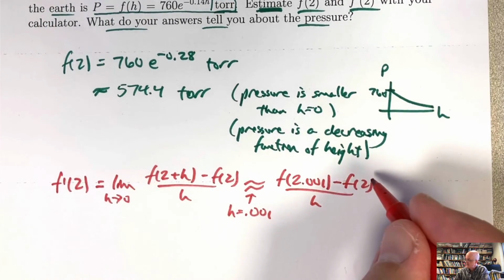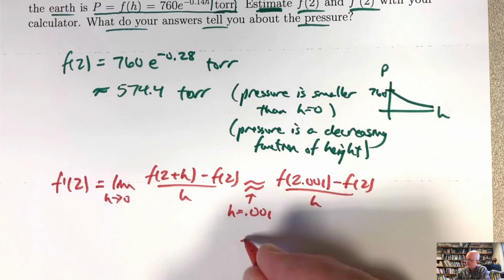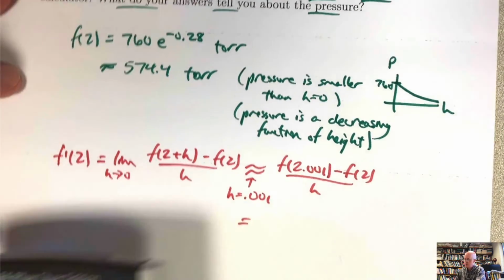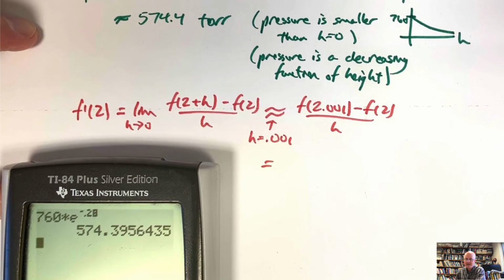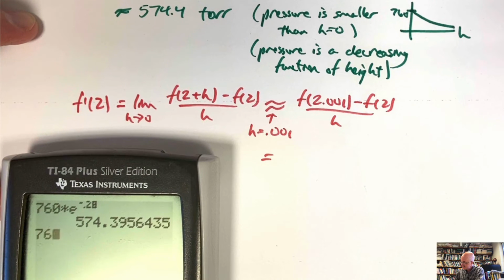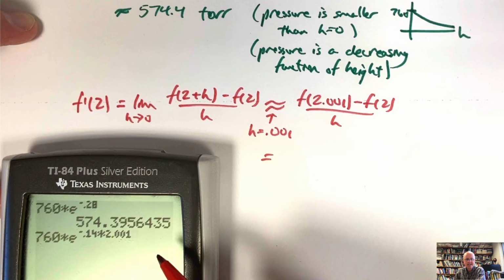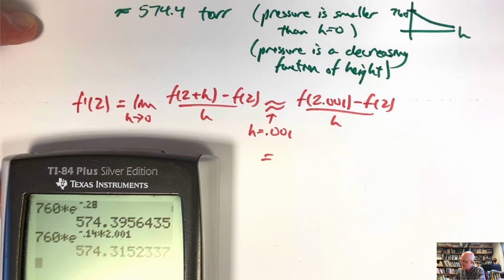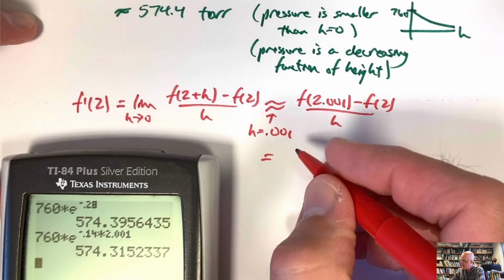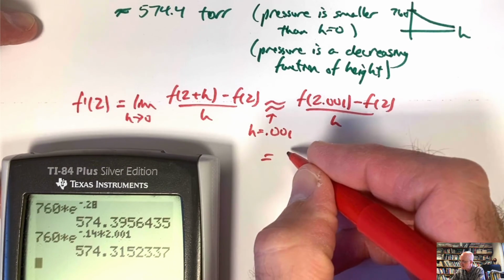F of 2 is the 574.4. What's f of 2.001? 760 times e to the negative 0.14 times 2.001 is going to be slightly smaller than 574.4. There it is. Maybe I should use more decimal places here.